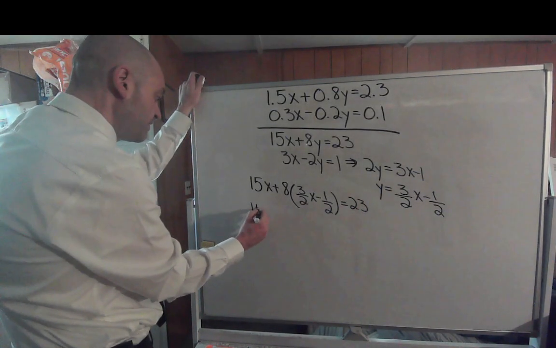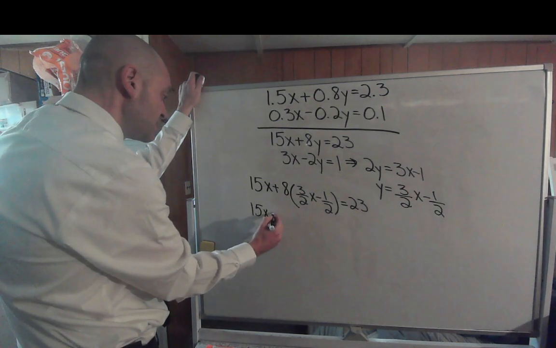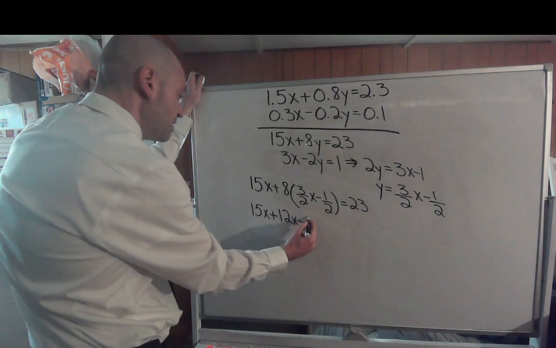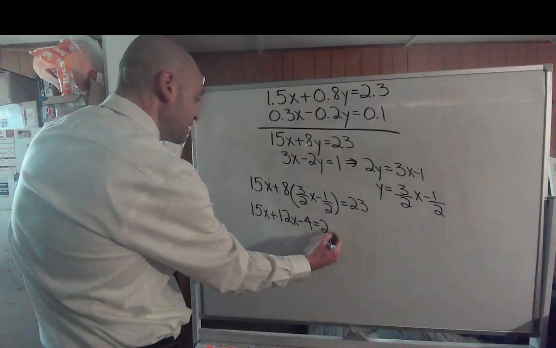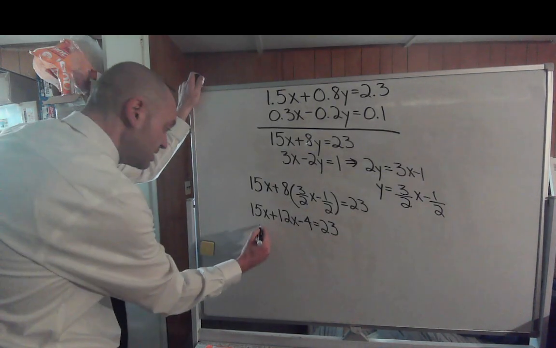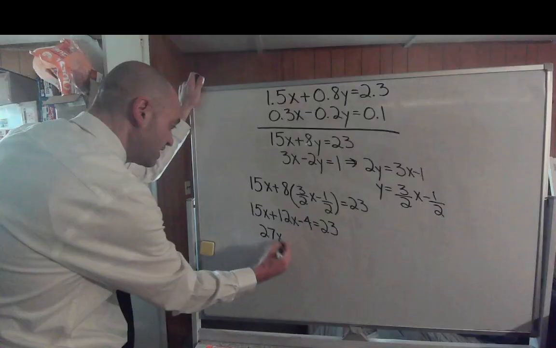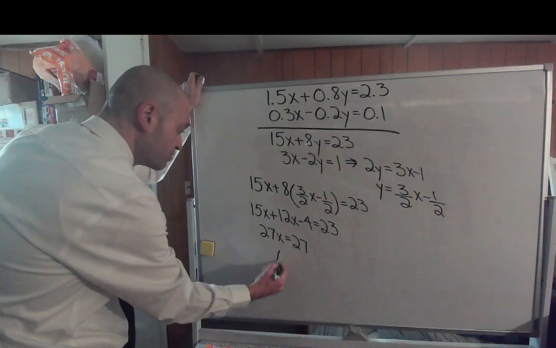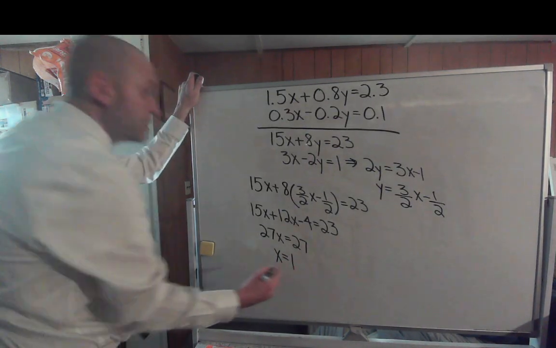So you would get 15x plus 12x minus 4 equals 23. Then you should just get 27x is equal to 27, which would give you that x equals 1.